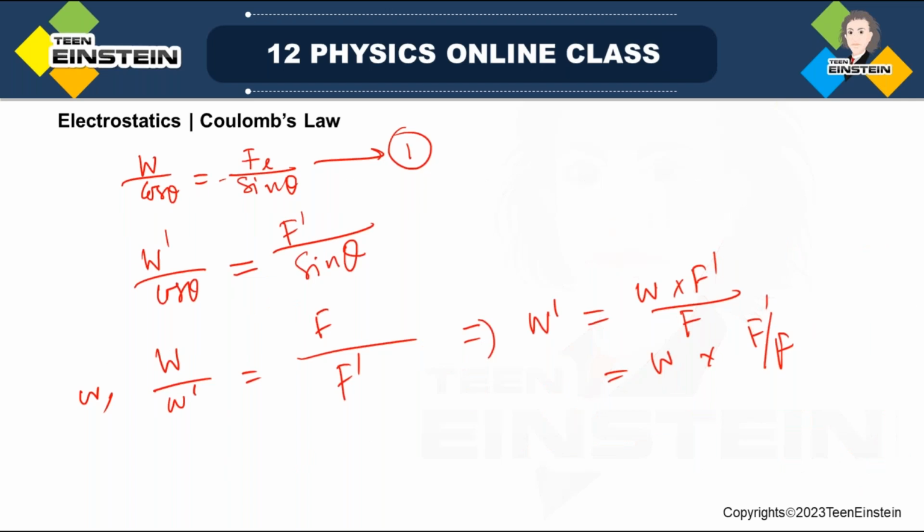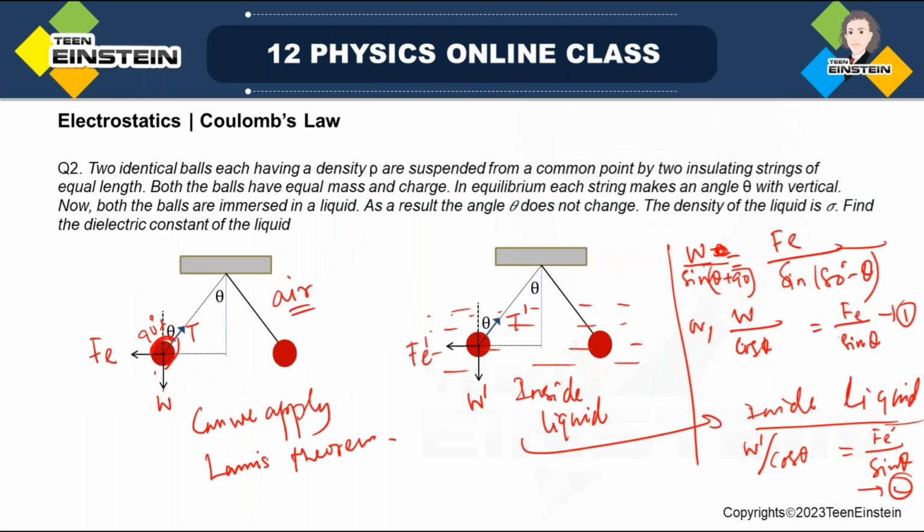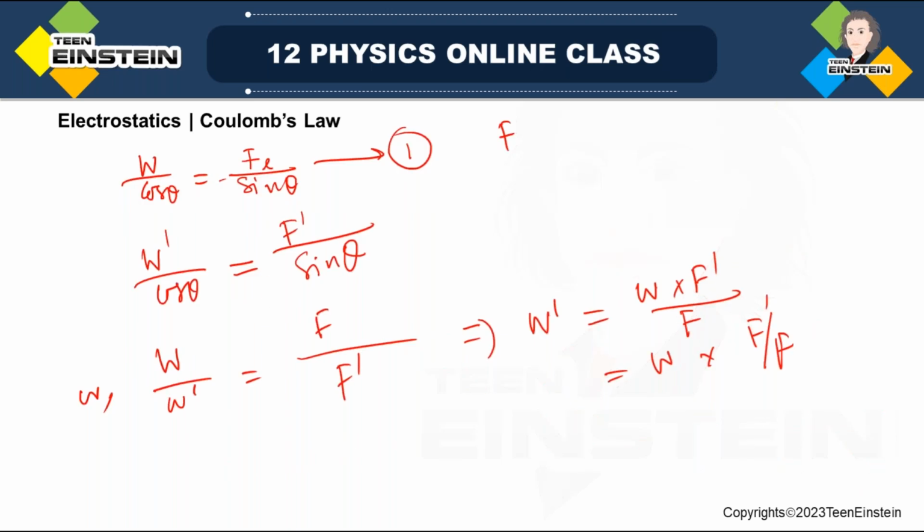F prime by F is actually K. Okay, so if we just put the value of F prime and this F, then you get actually the value of K. Okay.